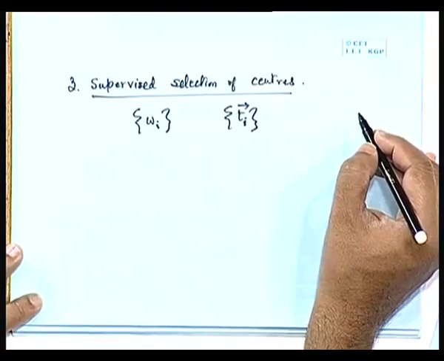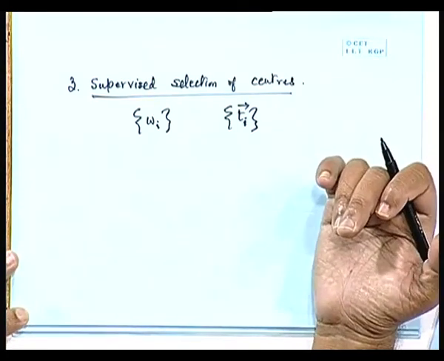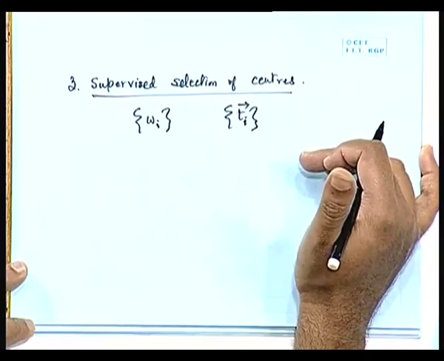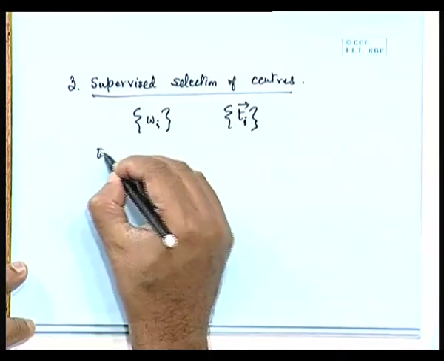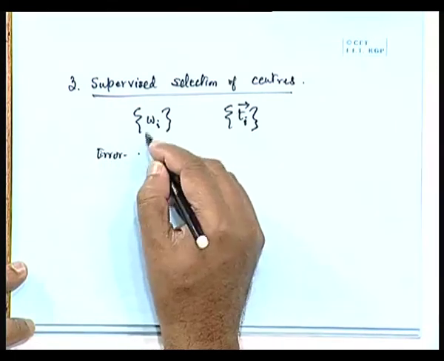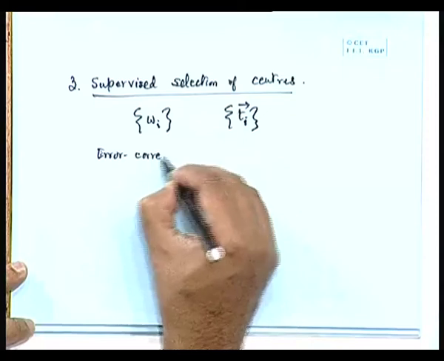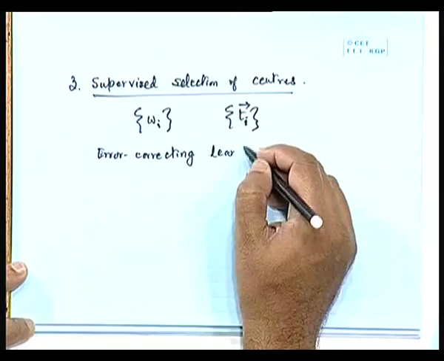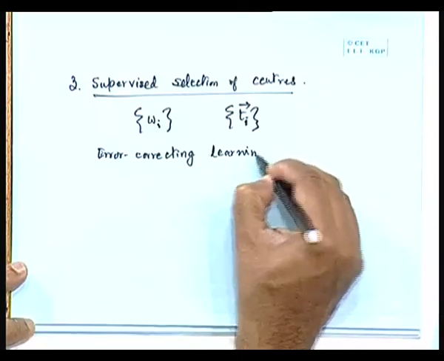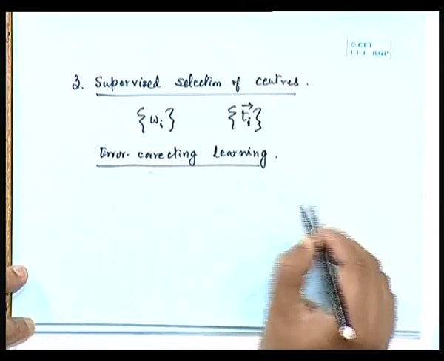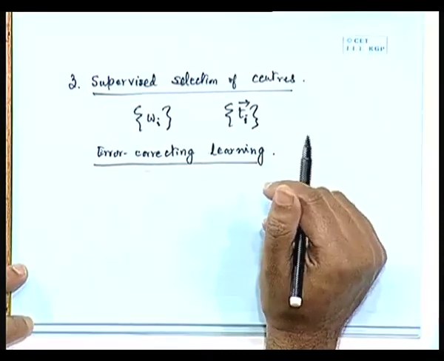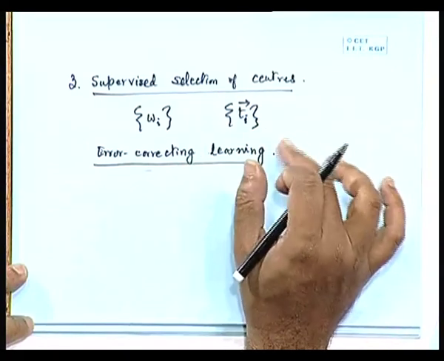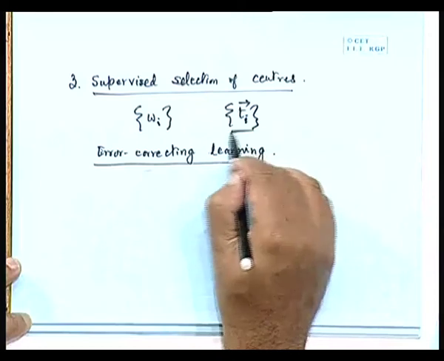For supervised learning, the most obvious choice is error correcting learning, which we have already studied, most conveniently implemented using a gradient descent algorithm. In that case, we can achieve the supervised way of learning for the centers TIs also.